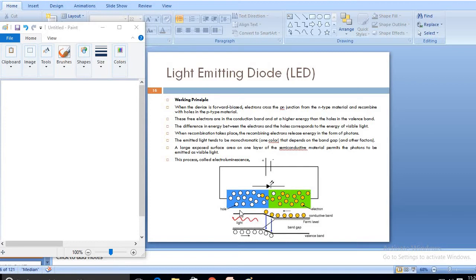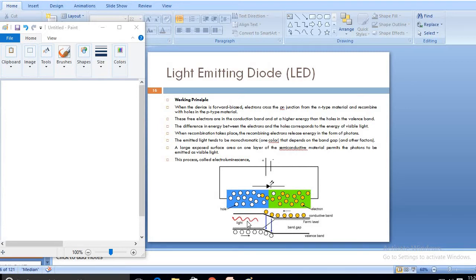In the below diagram, the upper part is the conduction band and the lower part is the valence band. The yellow rounded structures in the conduction band are electrons, and the white ones in the bottom portion of the valence band are holes. The energy of the free electrons is more than that of the holes in the valence band.